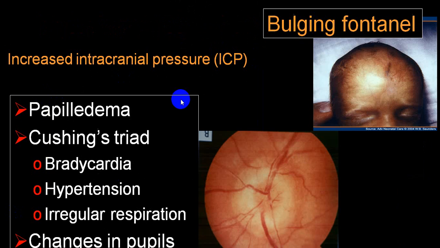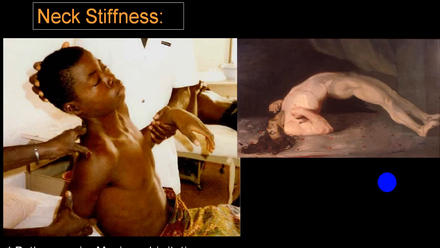So bulging fontanelles, papilledema, bradycardia, hypertension, irregular respiration, bradypnea, papilledema will be very, very common, and the person can even have third cranial nerve palsy also. Here you can see that the person has neck rigidity, and opisthotonus may be seen.